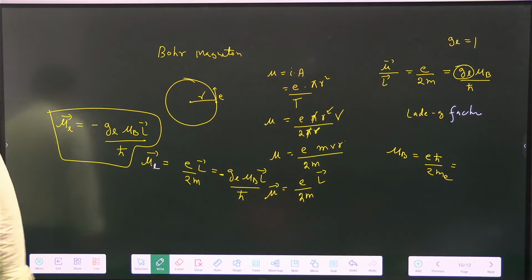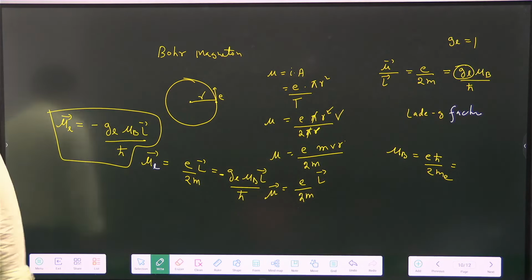And the negative sign is again just saying that the direction of angular momentum and magnetic moment are in opposite directions, not exactly anti-parallel, but in opposite directions. These are vector things, so we have to talk about this. Clear? Now, if you talk about magnitude, then obviously the negative sign is not very relevant.